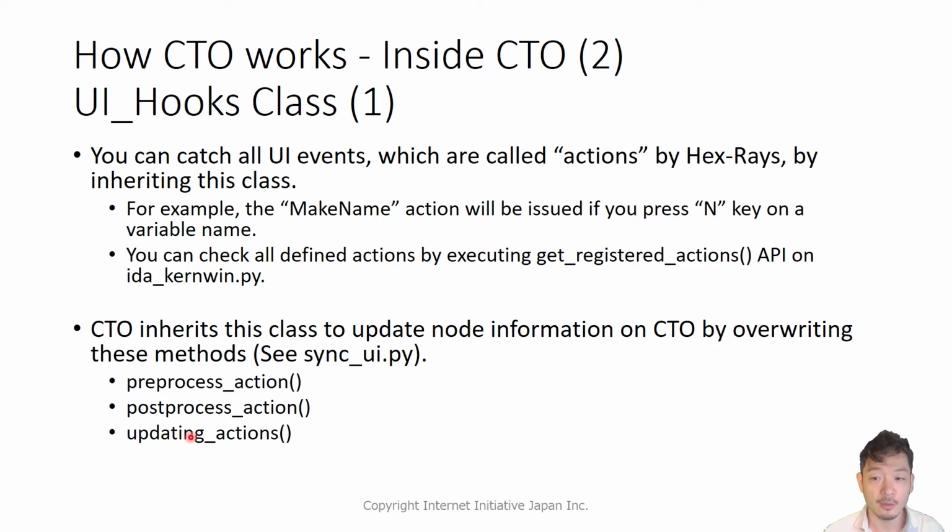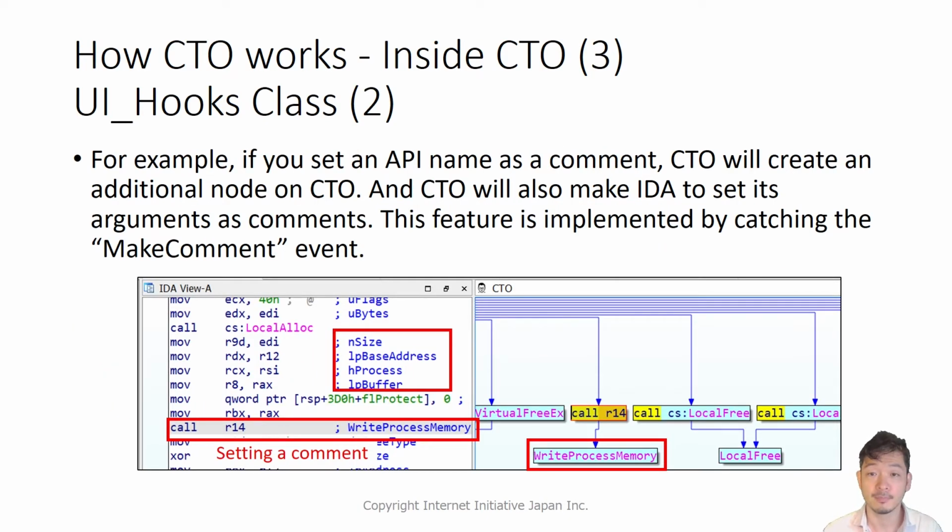And updating actions is also used to update the information that the post-process action uses. As I mentioned earlier, if you set API name as a comment like this, CTO will make IDA to set its argument as comments. This feature is implemented by catching the make comment event.